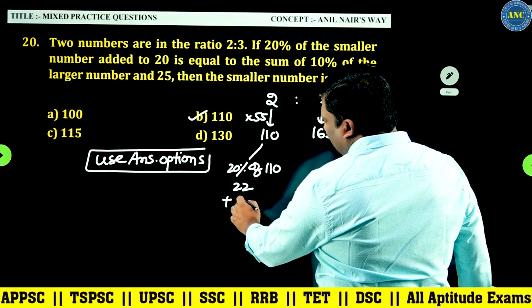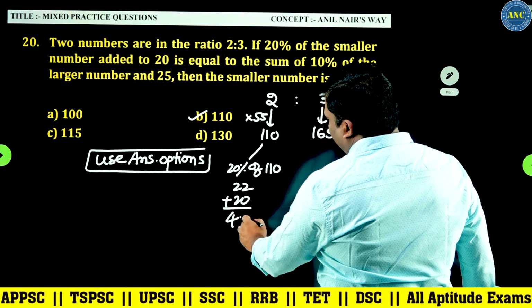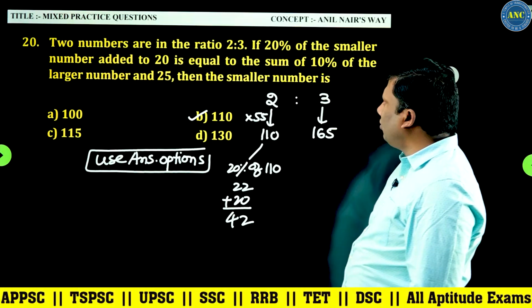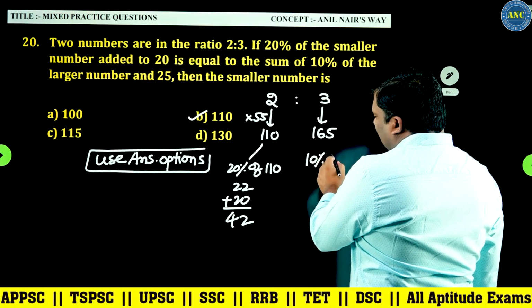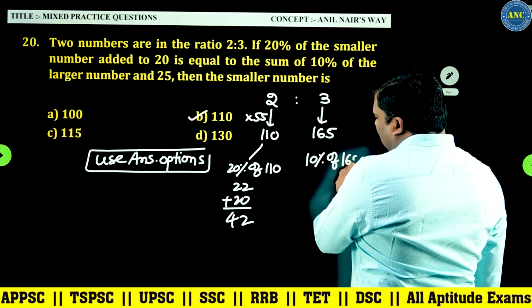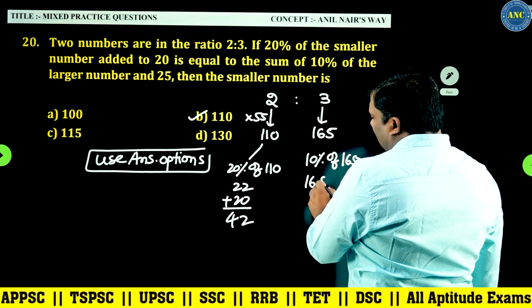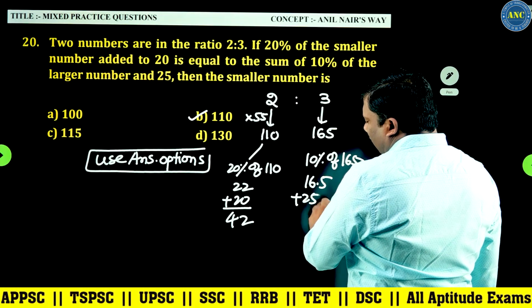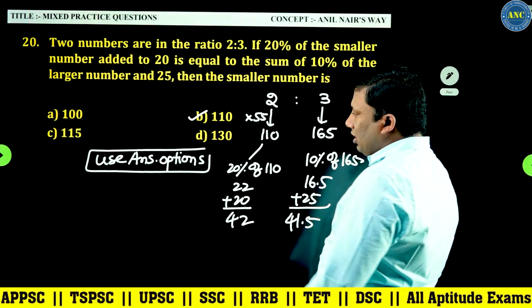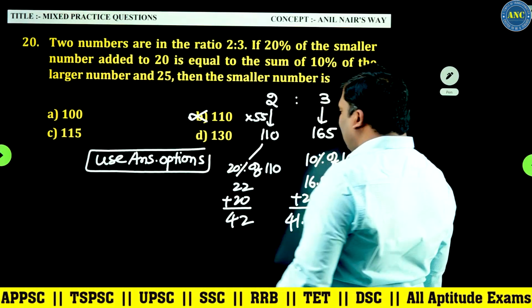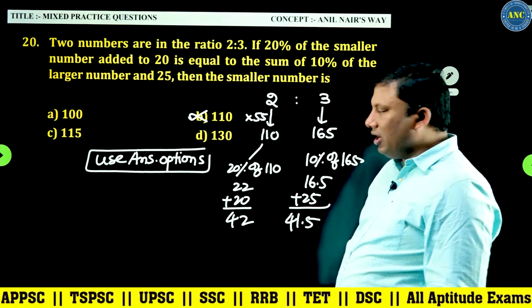Added to 20, 22 plus 20 is 42. Is equivalent to 10% of the larger number, 10% of 165, which is 16.5. Added to 25, which is 41.5. It is not matching. Therefore, option B cannot be the answer.